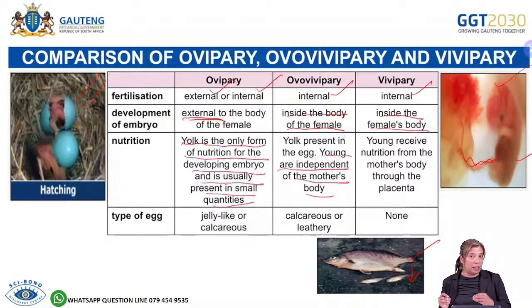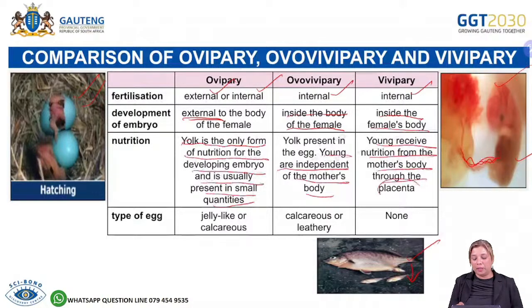But when it comes to vivipary, we know that even as in humans, there is a placenta. So the young receive the nutrition from the mother's body through the placenta, a very, very important organ. And then the type of egg, in ovipary, it's jelly-like or calcareous. Most of the time, it's calcareous because it needs to be hard to protect it against the outside environment.